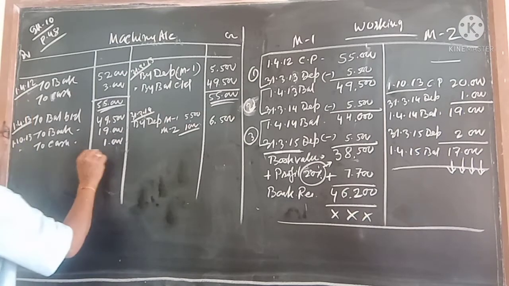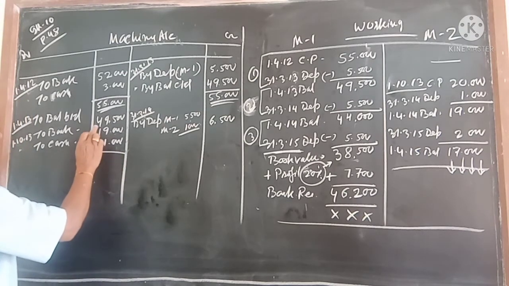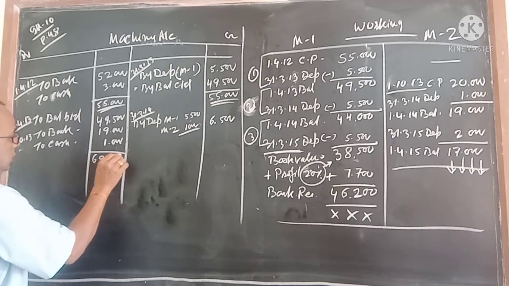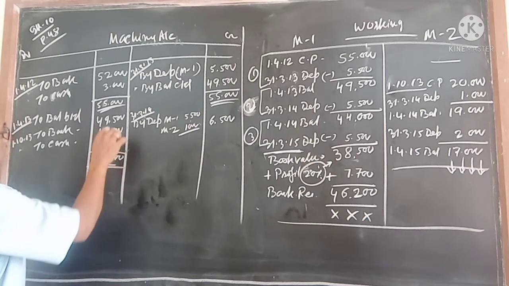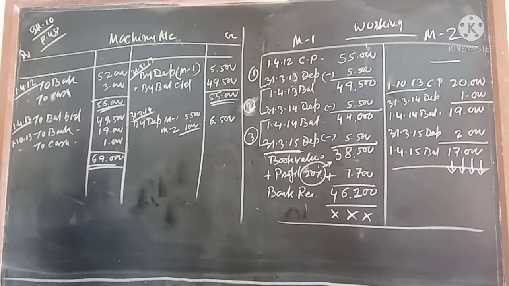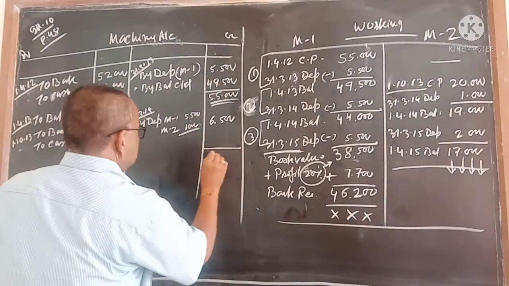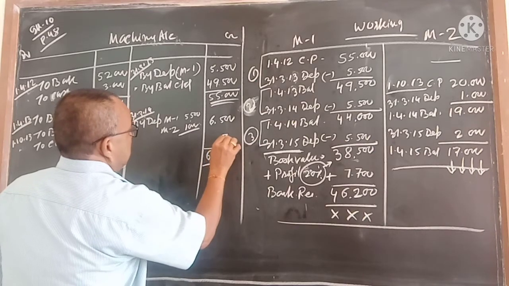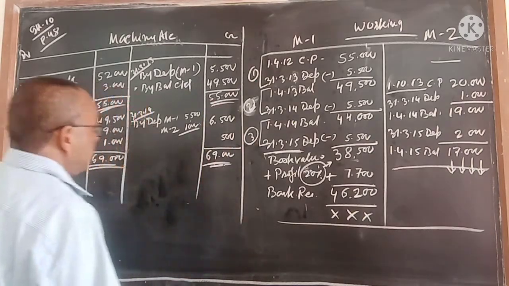Now if you get the balance, that is 49, 59, 69, I think so. This is 69,000 you are getting. 69,000, there you get it, and here minus 6,500.